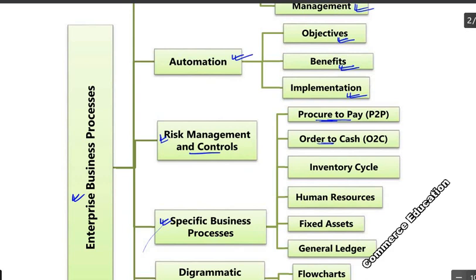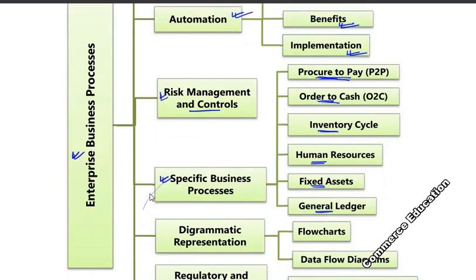Procure to pay, order to cash, inventory cycle business process, human resource management business process, fixed asset management business process, general ledger creation maintenance business process, and there are diagrammatic representations.